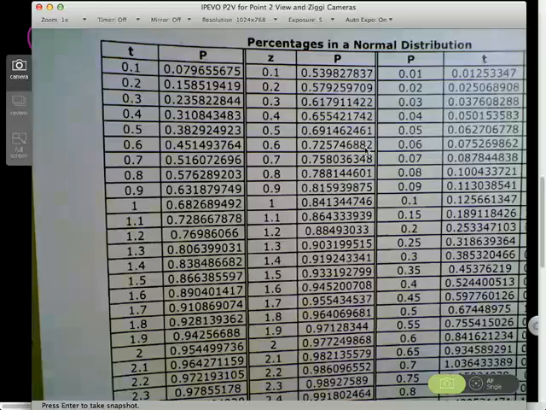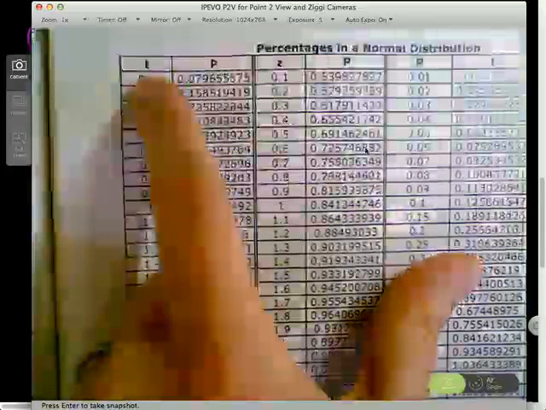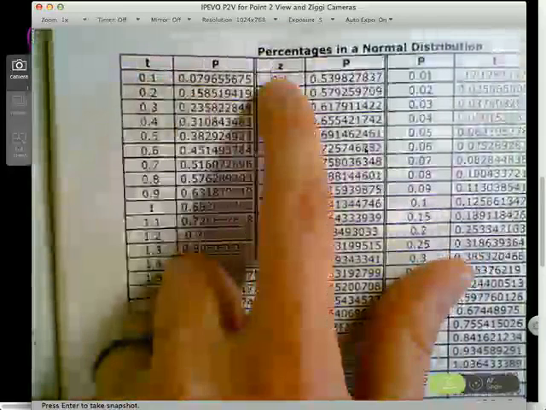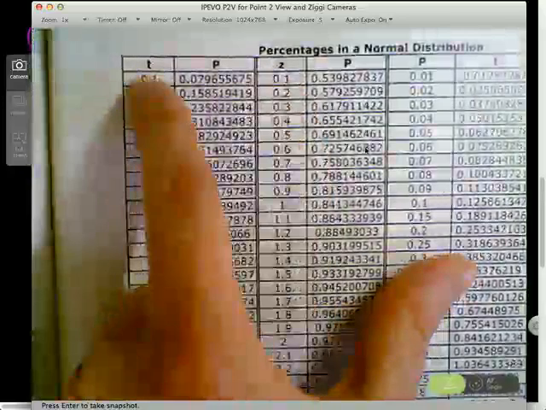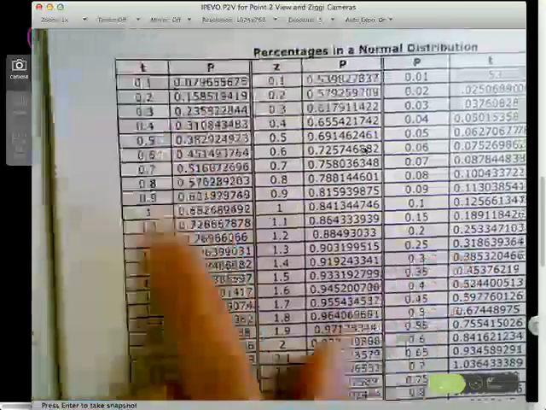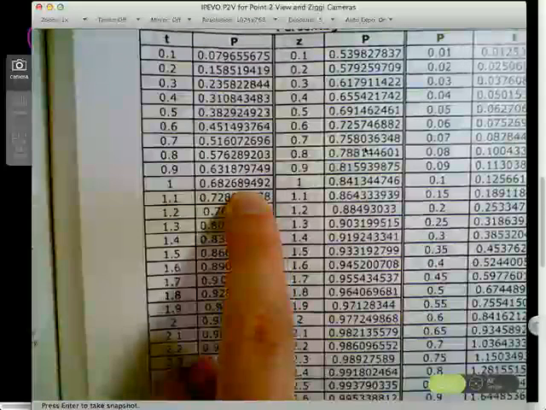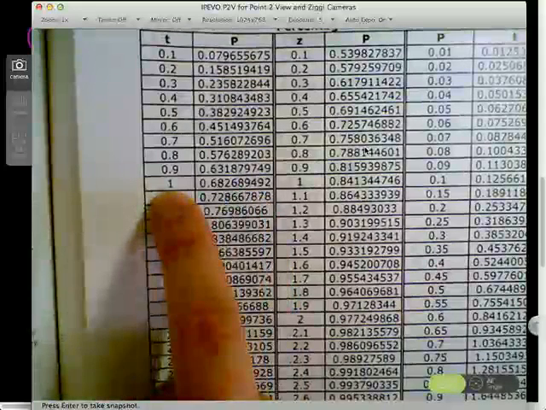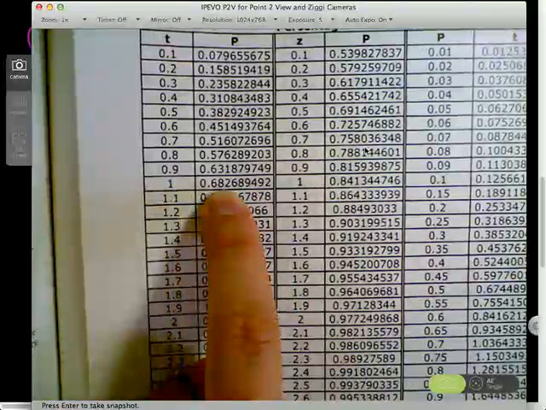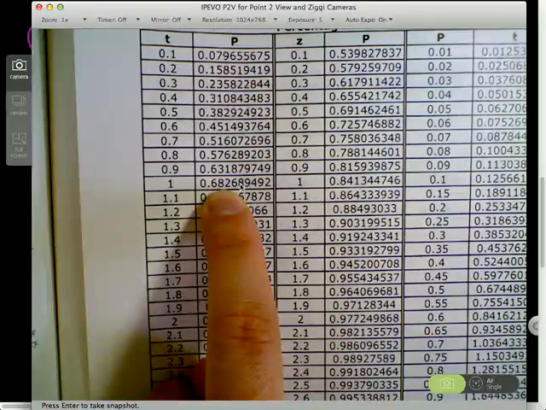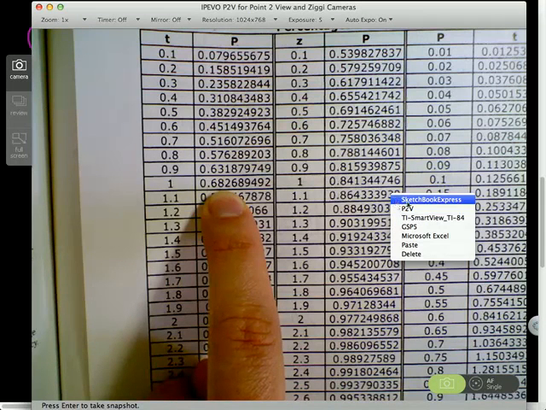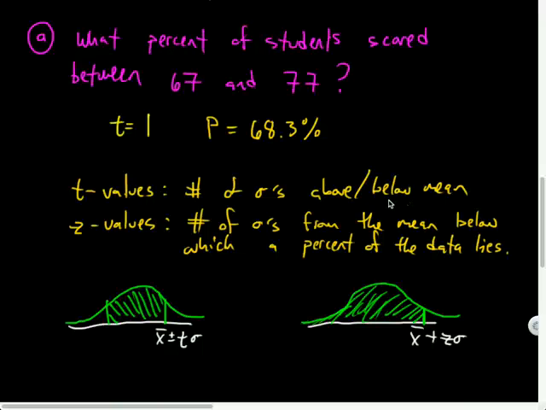We were given kind of a range. So I knew that I had to work with t values and not z values, okay? And since my t value was one full standard deviation above the mean, I went down to t equals 1, and p is the percent of the data that is one standard deviation above and below the mean. Okay, so then I could look up that value, and there's my 68.3%. I've got way more decimals than the book does, for funsies, because Excel could do it without much effort.